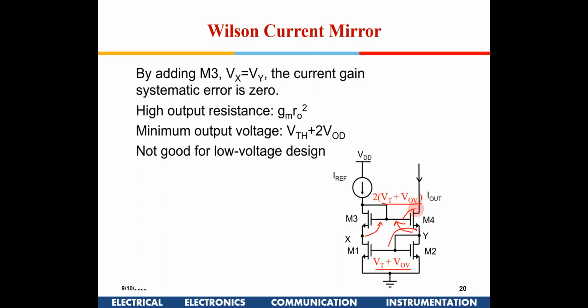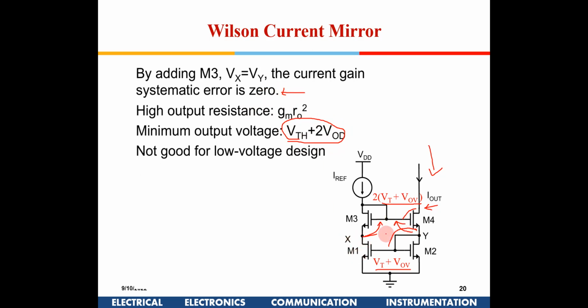From here to here, if I go again, 1 VT will be removed. So that will create a higher headroom requirement. It has a higher output resistance, but the minimum output voltage is this. So this is not desirable, but systematic error is 0 in this particular case.